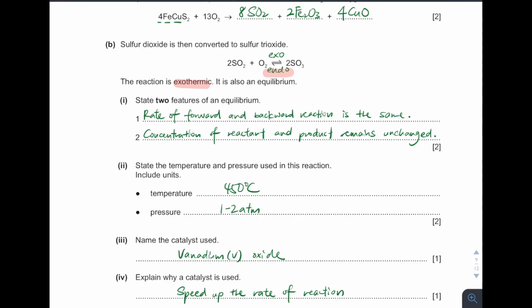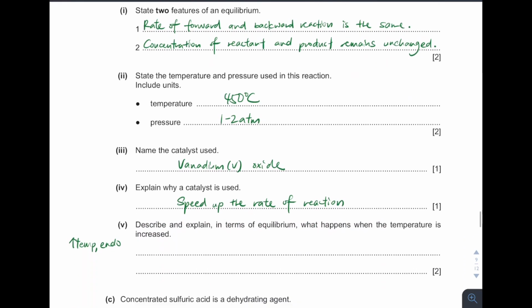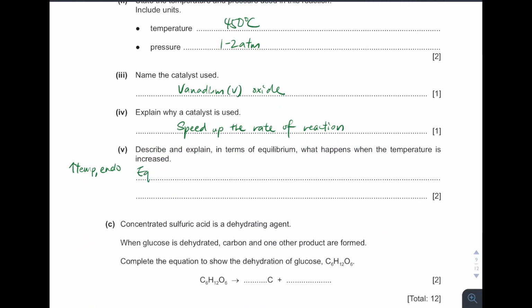In this case, the endothermic reaction is the backward reaction. Therefore, equilibrium would shift to the left, because the backward reaction is endothermic. That's it.